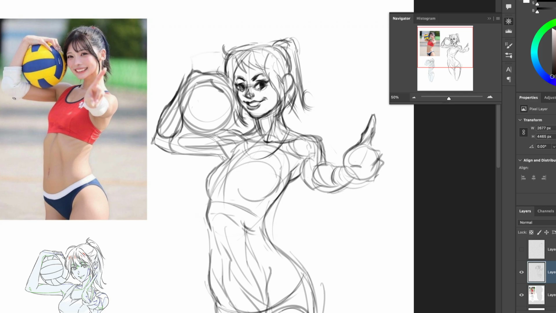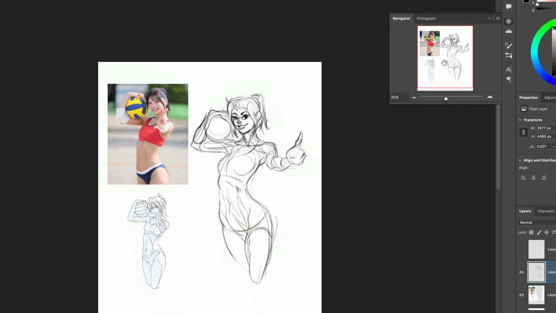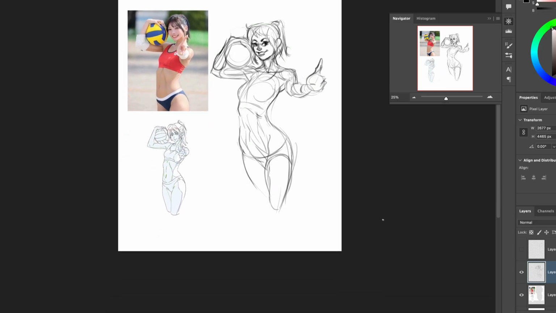All right. I guess that's gonna have to do for now. Okay. All right. Again, that is not the most important part of this drawing. The most important part is the gesture.